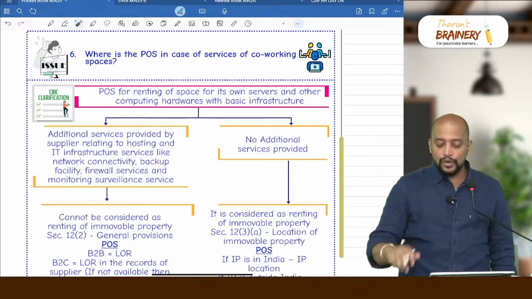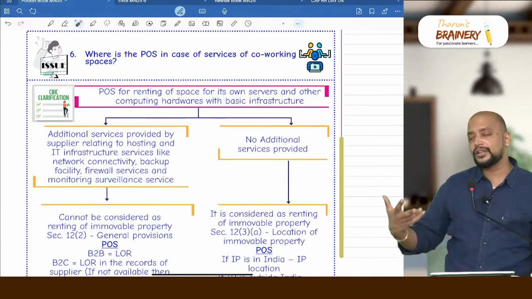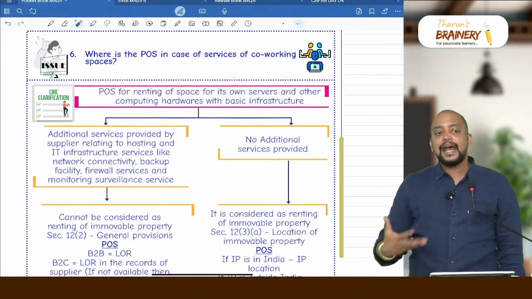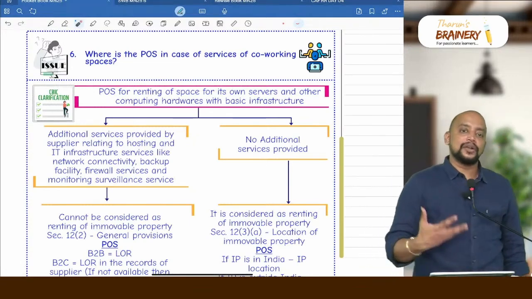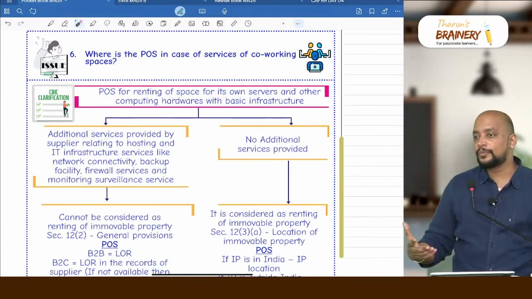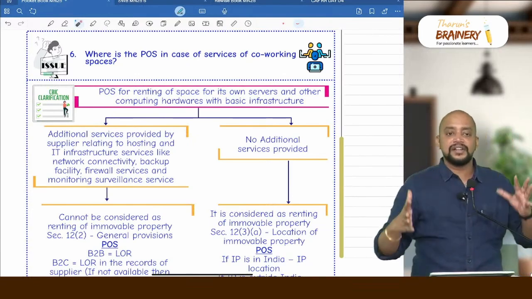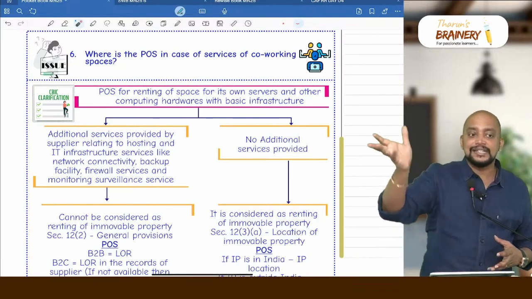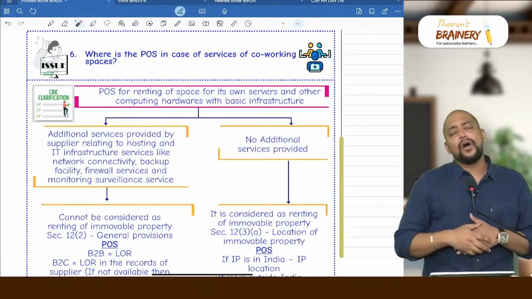But there are some co-working spaces which go beyond that. They provide a lot of IT services, like networking, server room, surveillance, firewall, CCTV installation, internet, all the facilities.